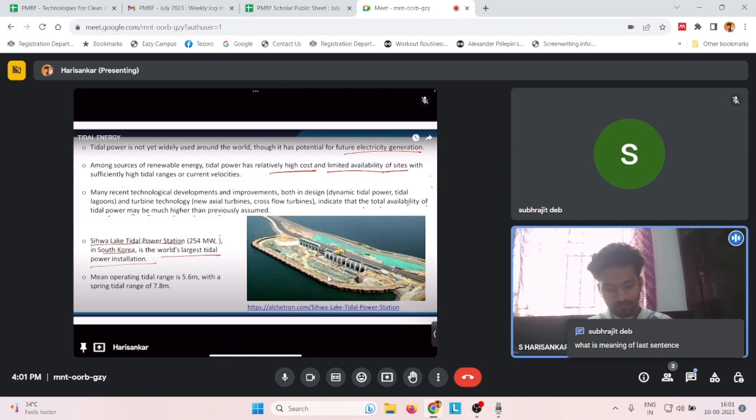What is the meaning of the last sentence? The mean operating tidal range is 5.6 with a spring tidal range of 7.8. Tidal range, if I remember correctly, is the height of the tide. So the average height is 5.6 meters, and the spring tidal height is 7.8.